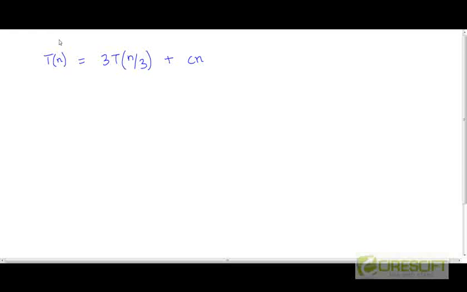So we take an array of size n and we create three arrays of size n by 3 by partitioning the array equally into three parts, and then we solve or sort each of those three sub-arrays independently, and then we combine the solutions to those three subproblems into a solution to the overall problem.